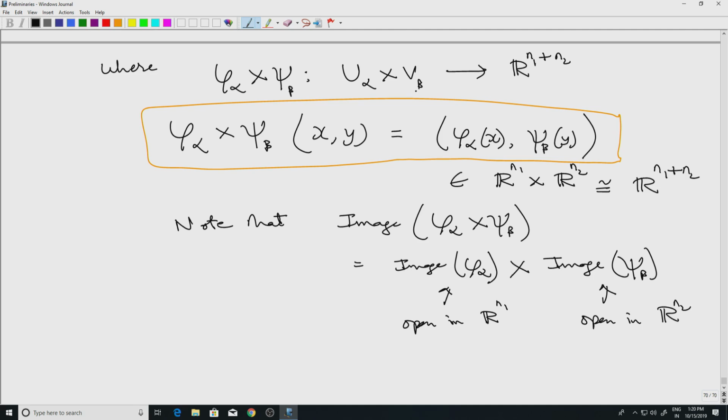Therefore the Cartesian product of this open set with this would be an open subset, so the image of phi alpha cross psi beta is open in R^(n1+n2), since it's a Cartesian product of open subsets in R^n1 and R^n2.